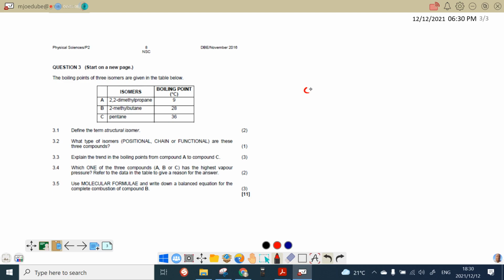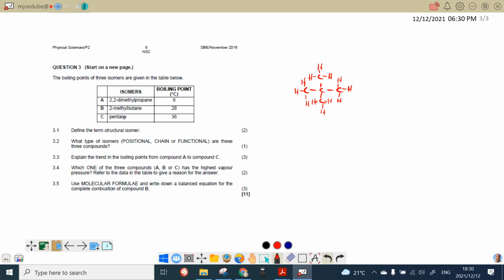Your long chain is a propane, and then you've got a methyl group on the second carbon and another methyl group on the second carbon, and then you've got your hydrogens. What you realize is that this has got a total of 1, 2, 3, 4, 5 carbons.